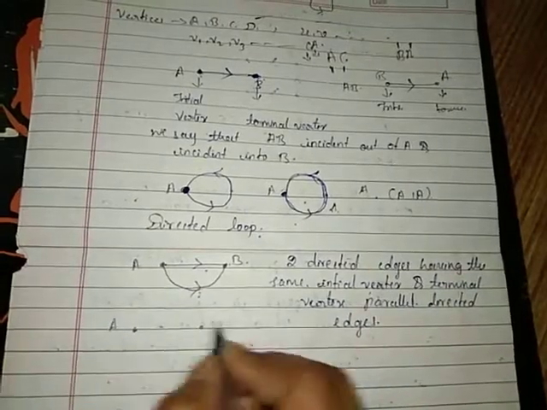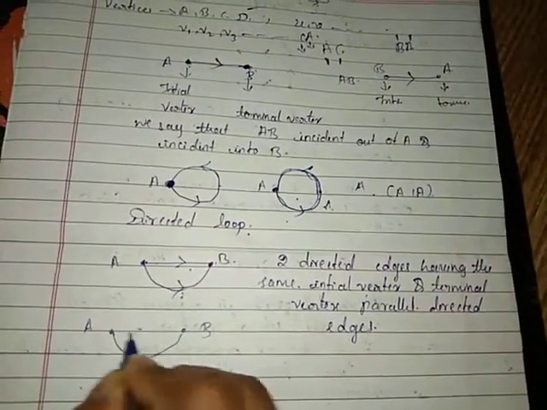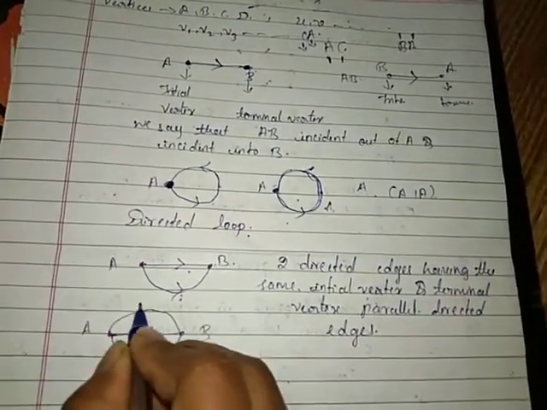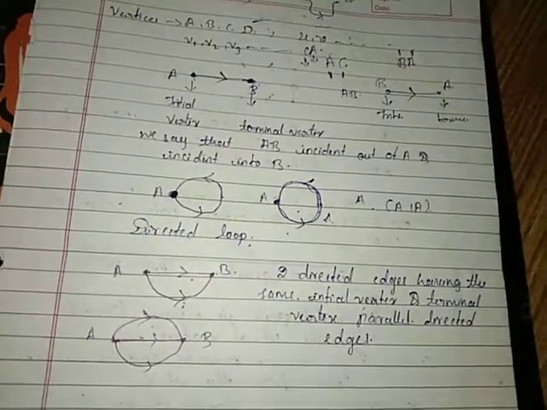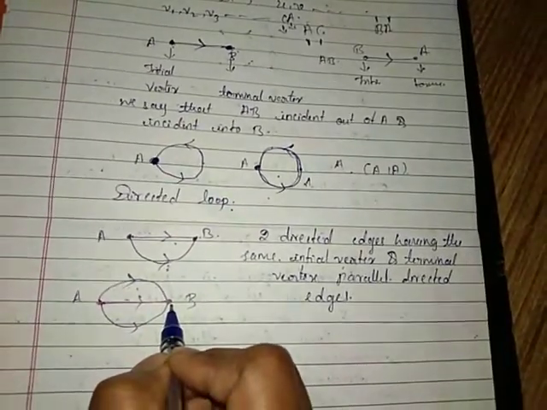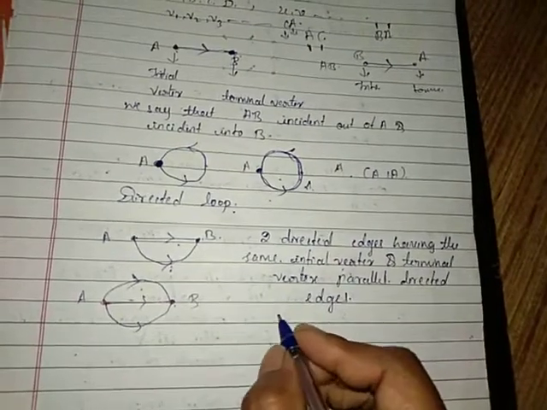Suppose two or more edges have the same initial and terminal vertex. Such edges will be called multiple directed edges.